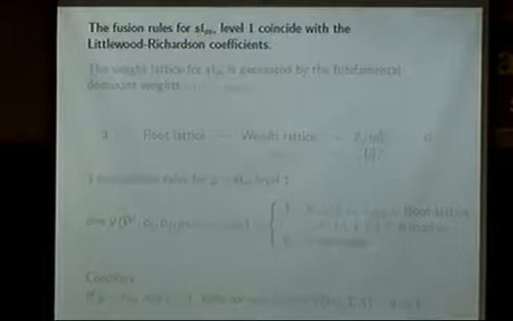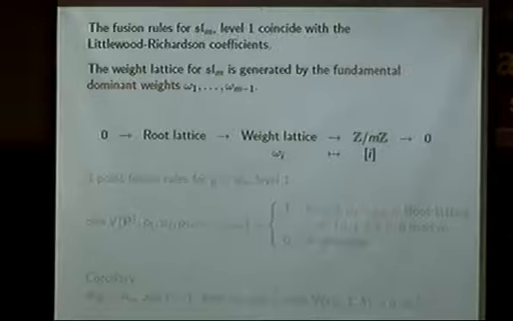Okay, so how does that go? Well, like I said before, the weight lattice for SLm is generated by what usually go by the name of fundamental dominant weights in Lie algebra literature, and they're denoted omega 1 up to omega m minus 1. Moreover, for SLm, we know that the weight lattice mod the root lattice is equal to Z mod mZ. And so I can identify the image of my omega i with the integer i under that map.